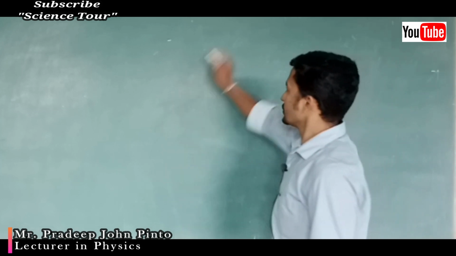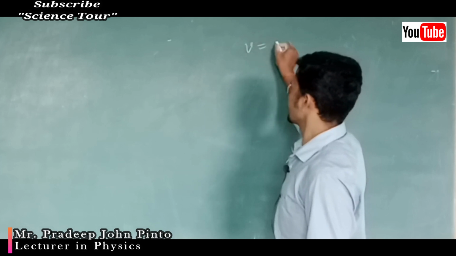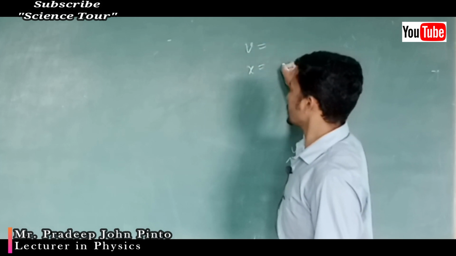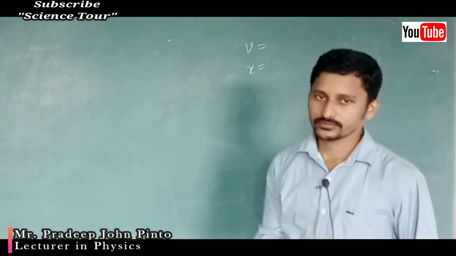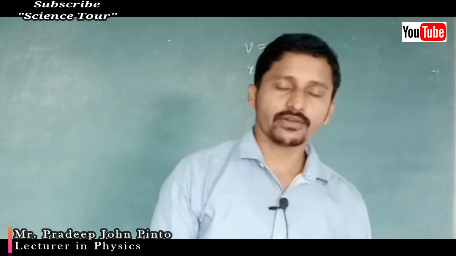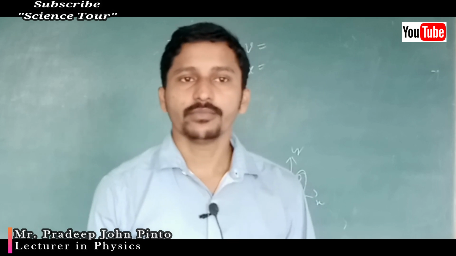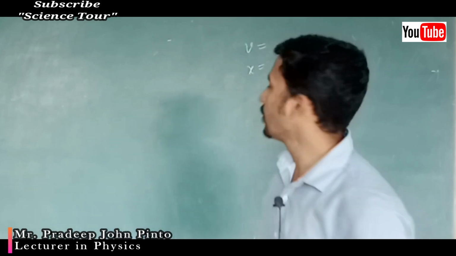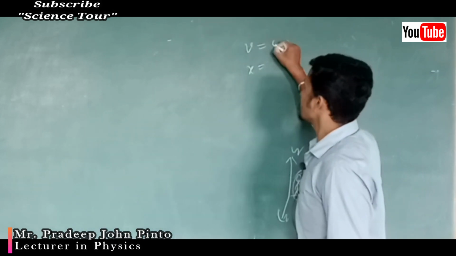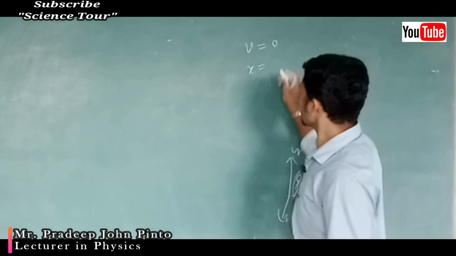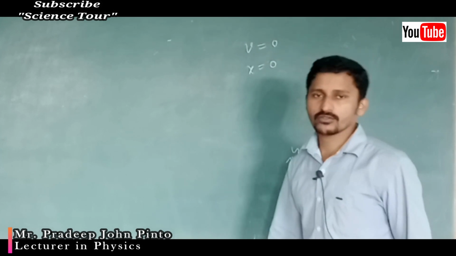What is the velocity of that person? What is the displacement of that person? The person is at rest, which means he is not moving. So velocity is how much? 0. Displacement is also 0 because he is not moving.